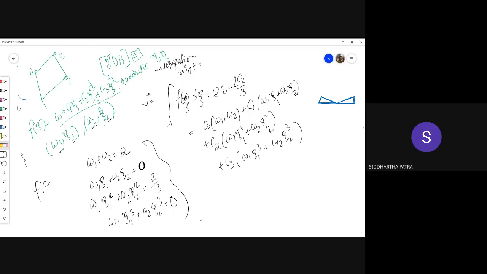Now call these equations 1, 2, 3 and 4. If I multiply equation 2 by xi1 squared, I get w1 xi1 cube plus w2 xi2 xi1 squared.